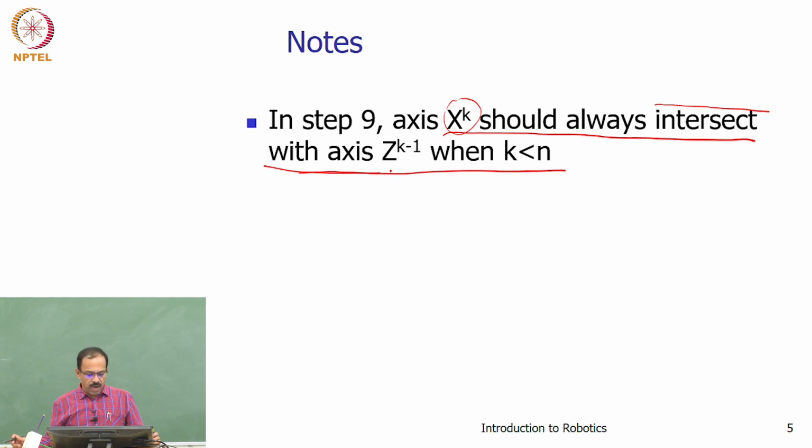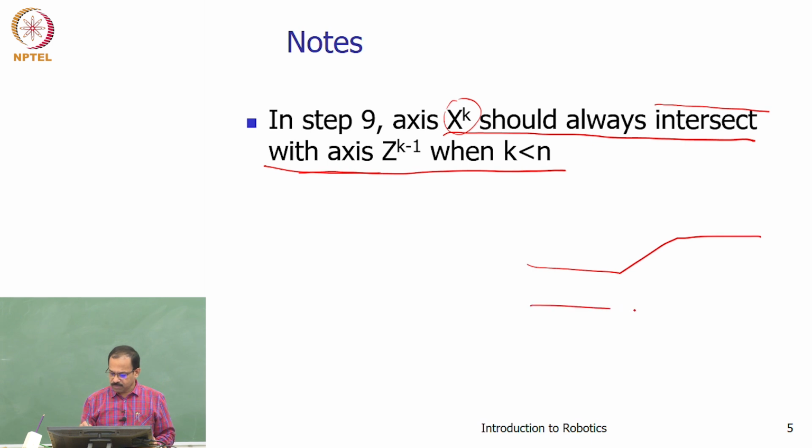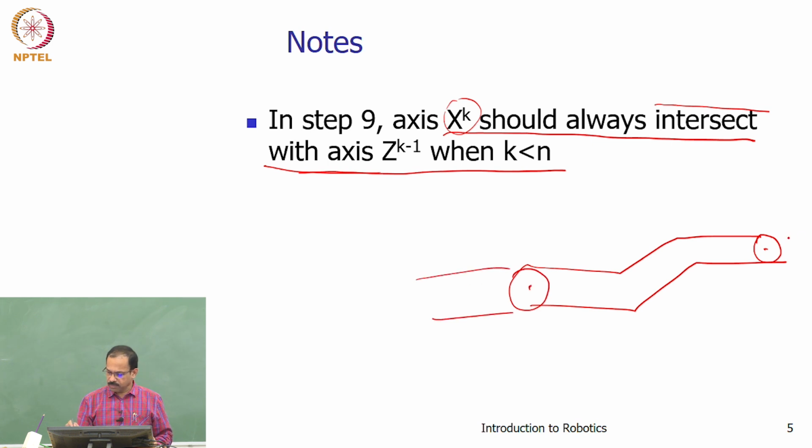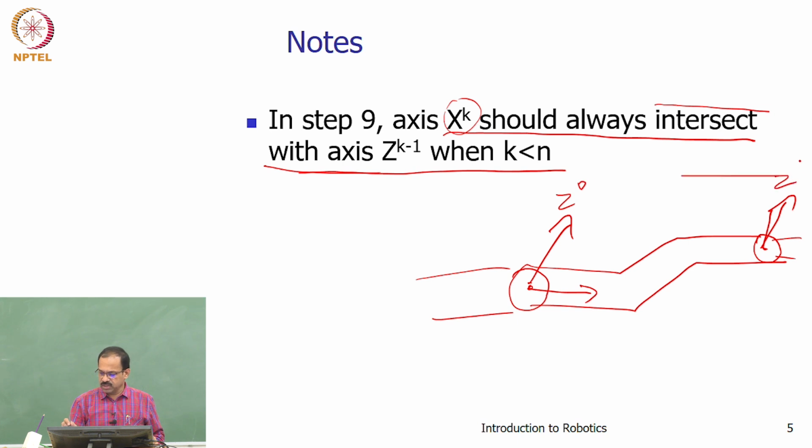That is, if you have a link like this, one joint here and another joint here, you will have one XK here, one coordinate frame here, and then another Z axis here. I put the Z axis like this: ZK minus 1, Z0 and Z1.